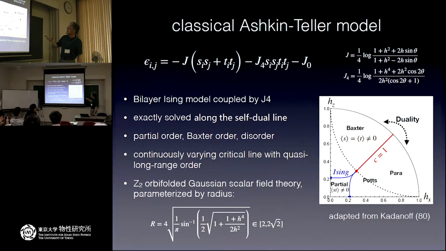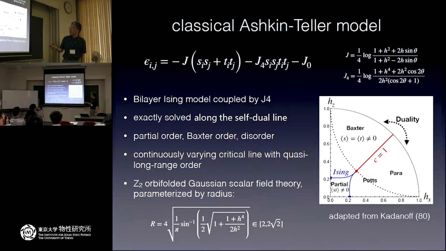But along this continuous phase transition line, the effective field theory is given by the Z2 orbifold Gaussian scalar field theory with a parameter, the radius r.